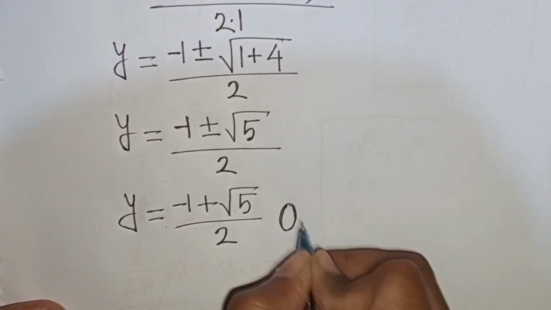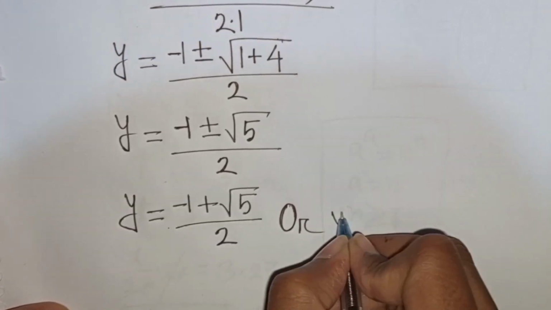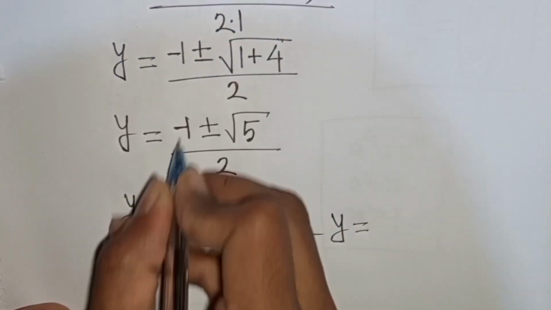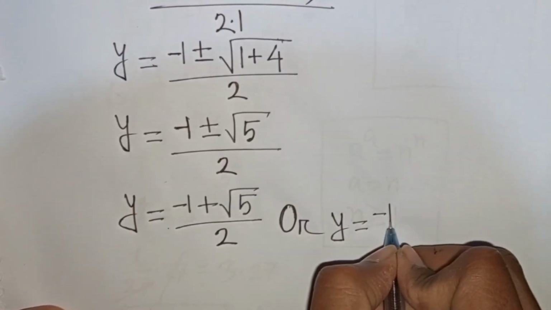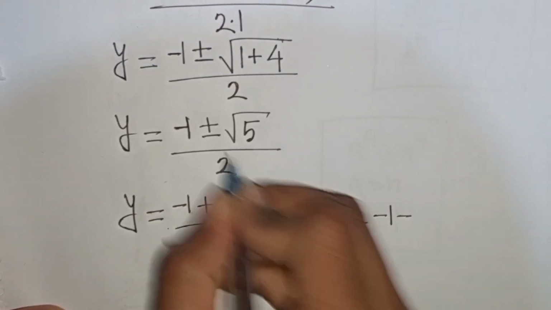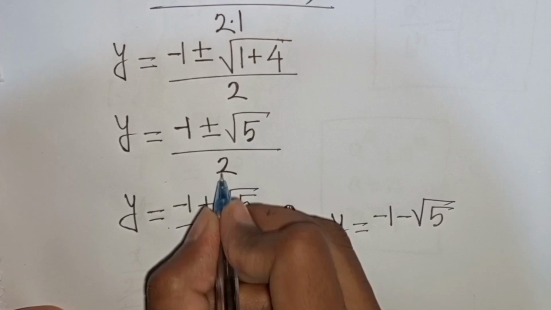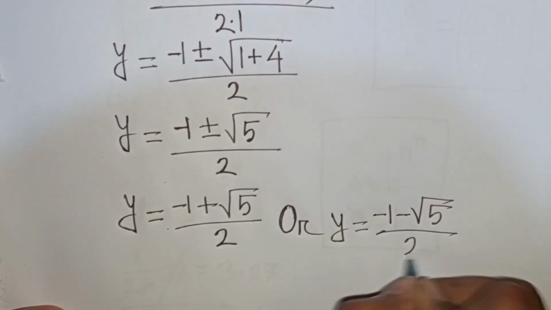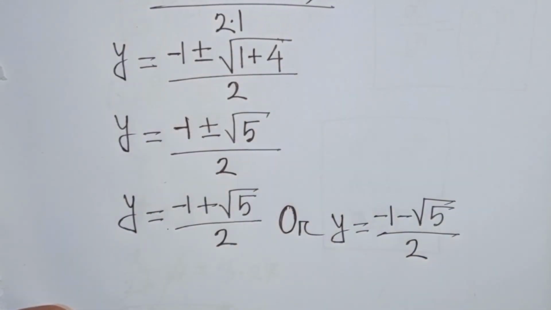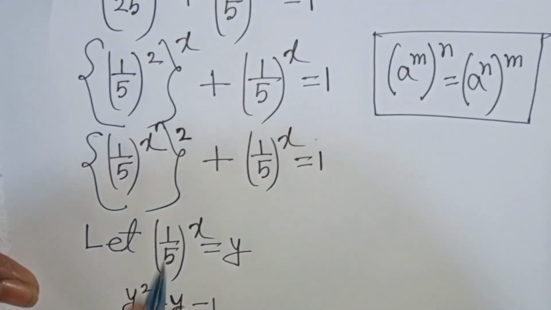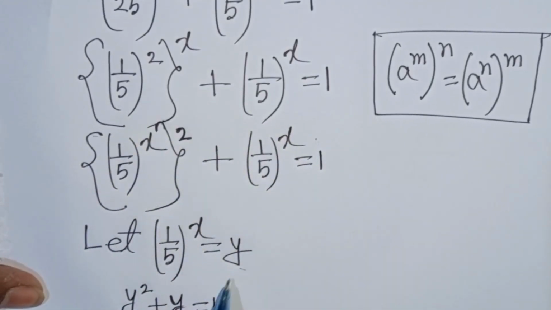or y is equal to minus 1 minus square root of 5 divided by 2. But remember that we let 1 by 5 bracket power x be substituted by y.